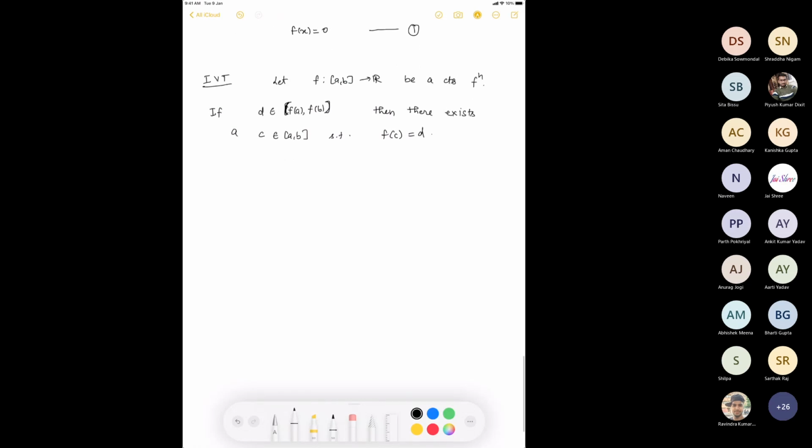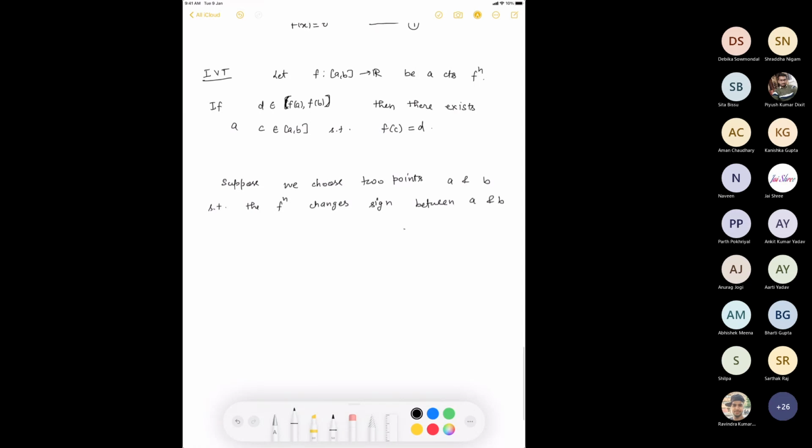Now let's see what happens if I choose two points a and b such that the function changes sign between a and b.